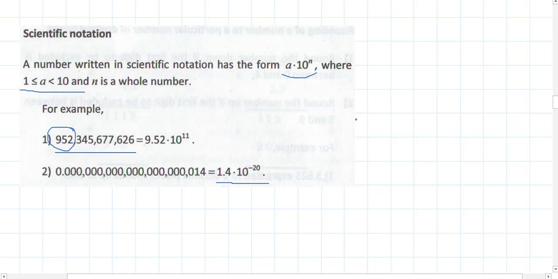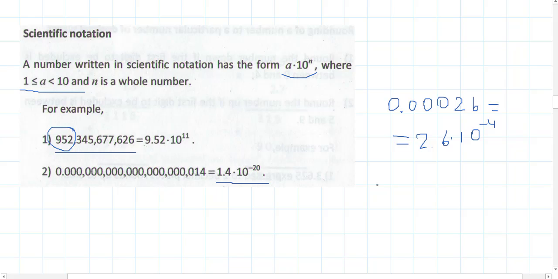For example, let's write another example. 0.00026, for example. So we have 2.6 times 10, and how many places? 1, 2, 3, 4. So minus 4. We count until the 2. How many figures do we have? 1, 2, 3, 4. That's why the power is minus 4.